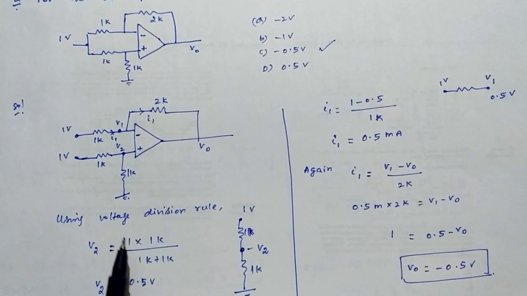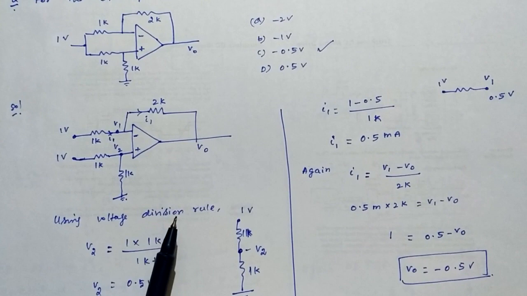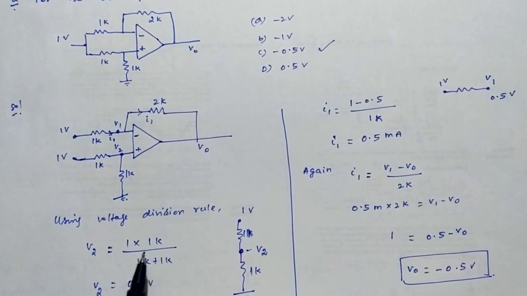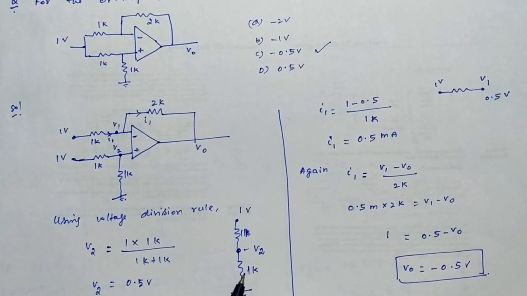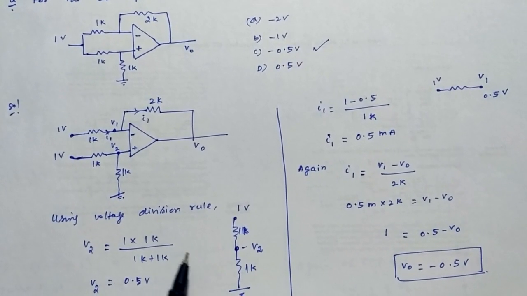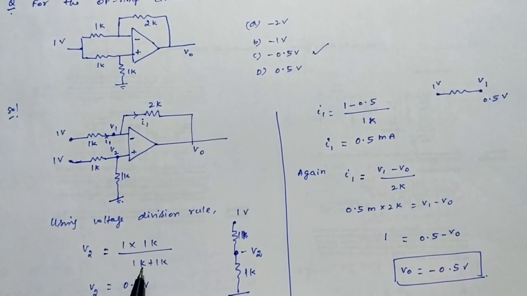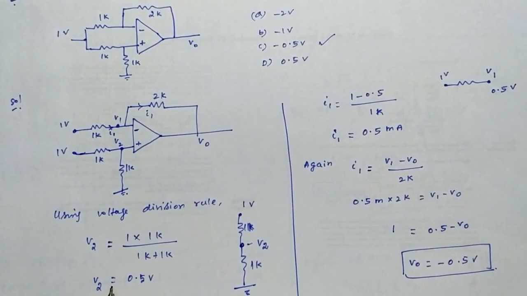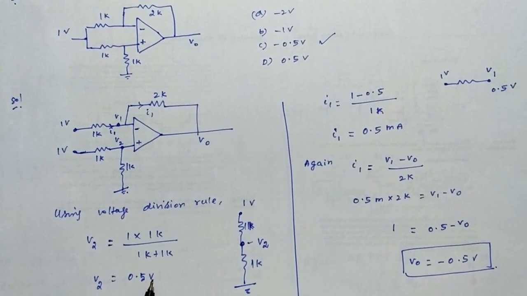Now V2, using the voltage division rule, is equal to total voltage times the drop across this 1 kilo ohm divided by total resistance 1k plus 1k, so V2 is equal to 0.5 volt.